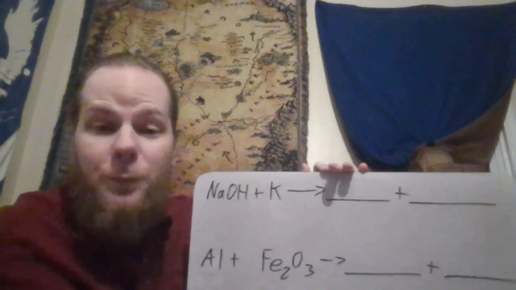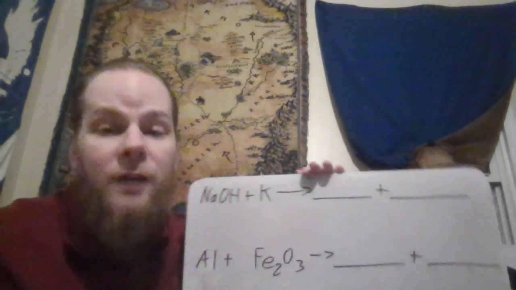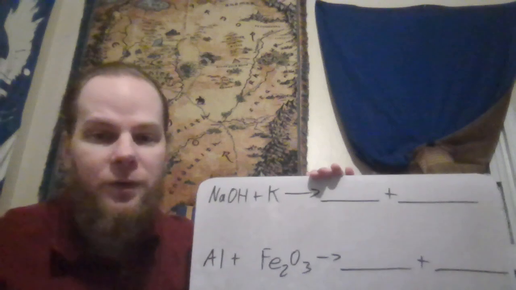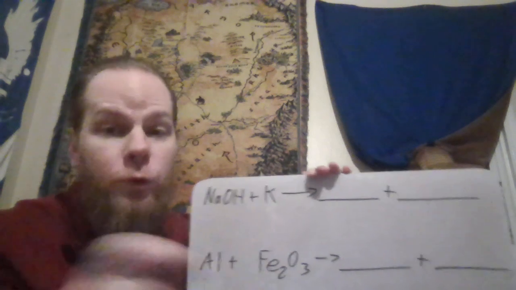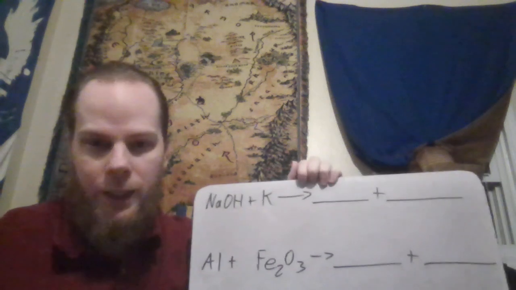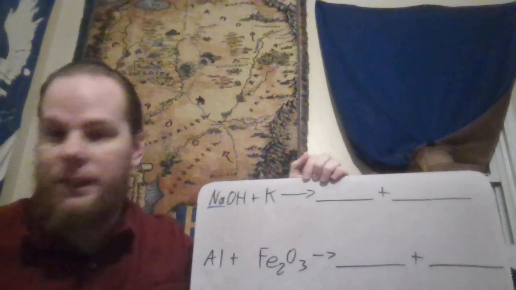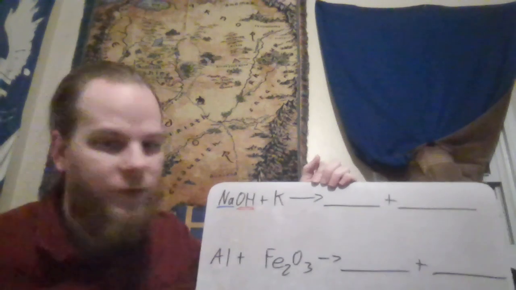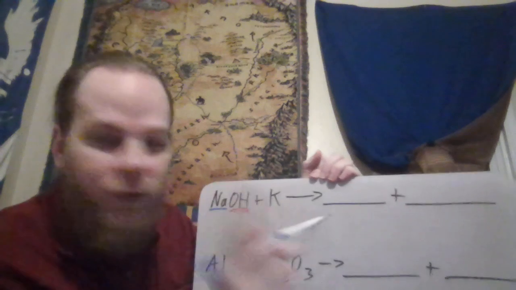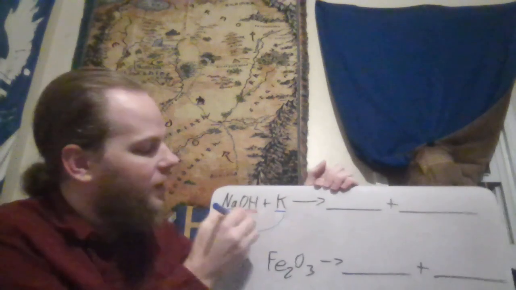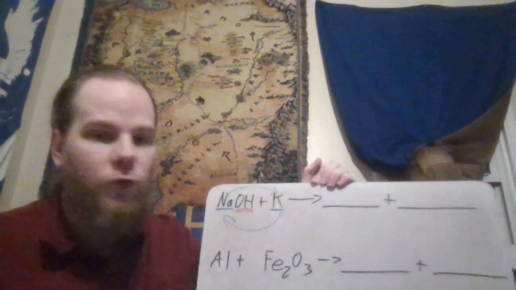It matters because cations cannot form bonds with other cations. In cation replacements, the cation has to replace the cation. So if we look at this compound, this is obviously the cation, and this is obviously the anion. Since this is a cation, these two have to swap.